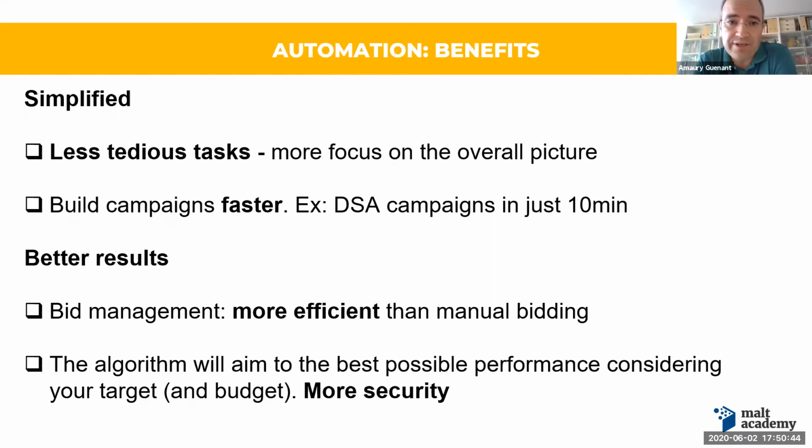You're rather going to focus on the big picture and your main target. Another big advantage is that you're going to be able to build campaigns much faster. A DSA campaign, so a dynamic search ad campaign, will only take you about 10 minutes. We'll go through some of the settings, and of course you can make it more complex by using a feed, but if you take the simple format of DSA, it will take you just 10 minutes.